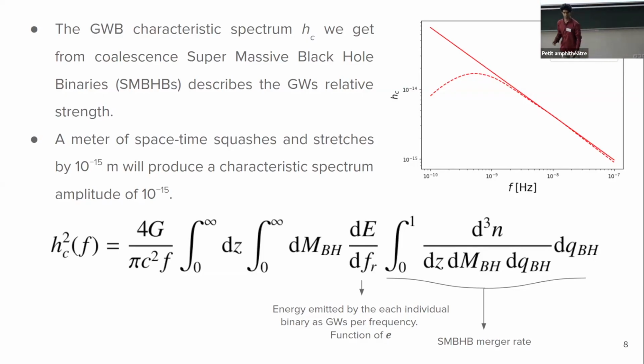You can see the difference because it depends upon the profile of the supermassive black hole binaries. I'll show you later that if the binary, meaning the galaxy collision, is too eccentric, then you can see the profile changing.